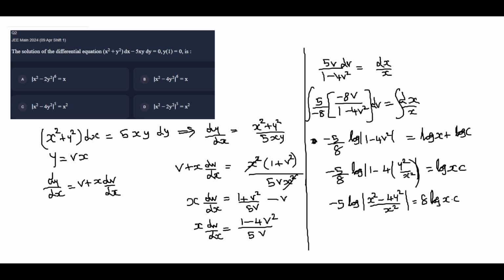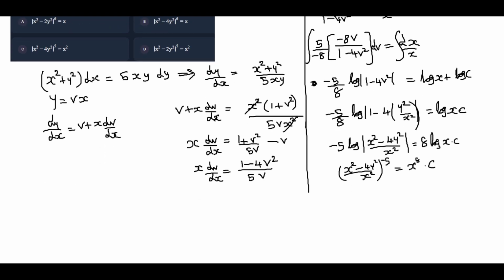Now ((x square minus 4y square) by x square) whole power minus 5 is equal to x power 8 into c. You get c power 8, which is again a constant, so take it as c. Now if you take the reciprocal, (x square by (x square minus 4y square)) whole power 5, I just change the power to positive, is equal to x power 8 into c.